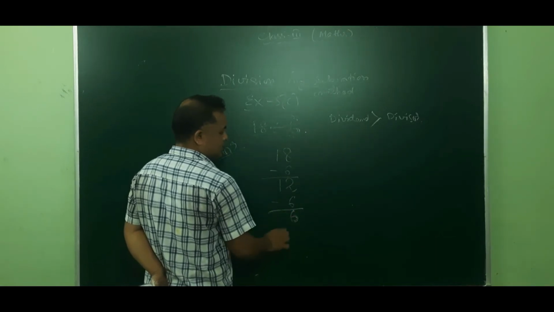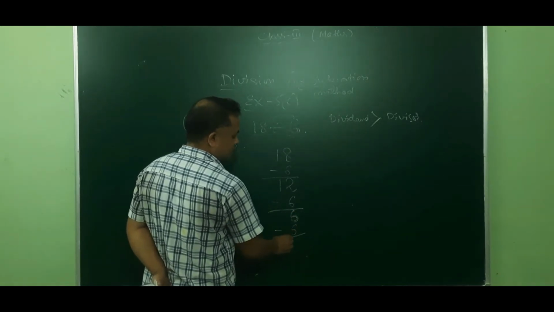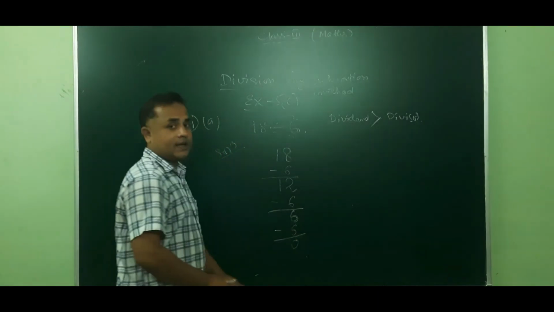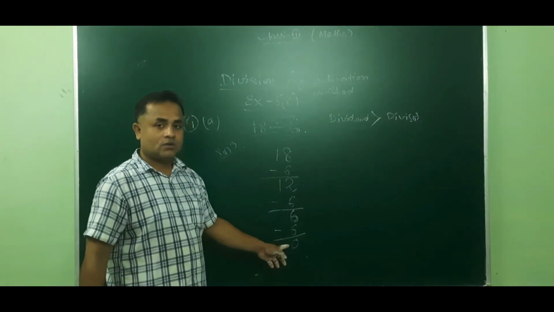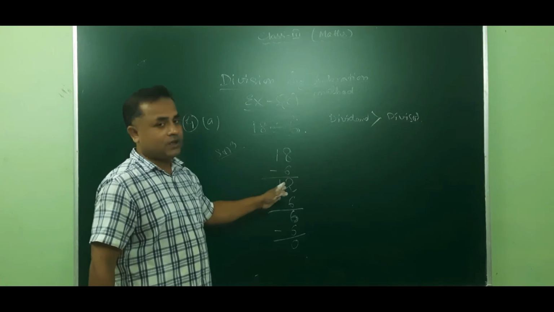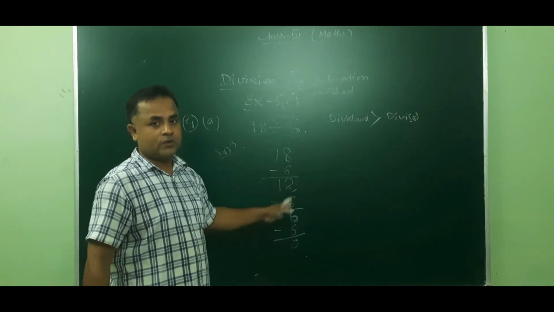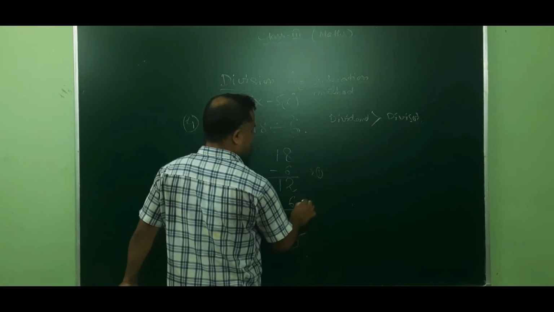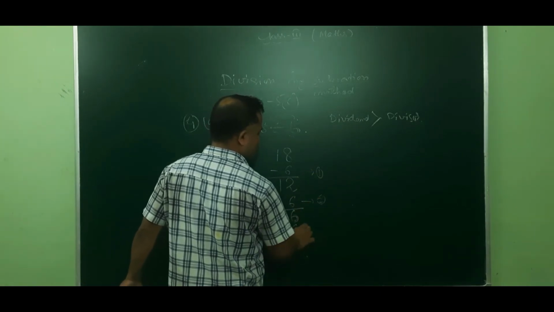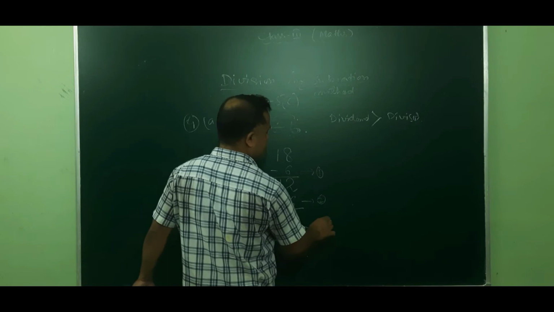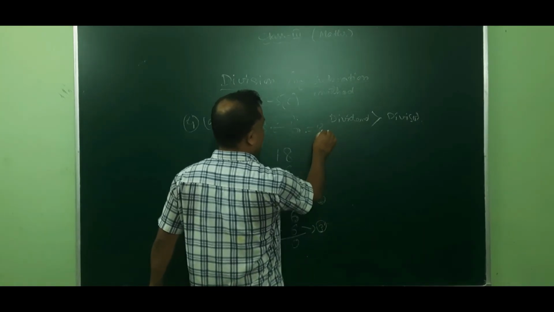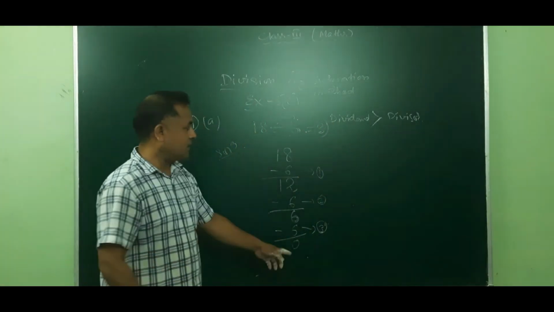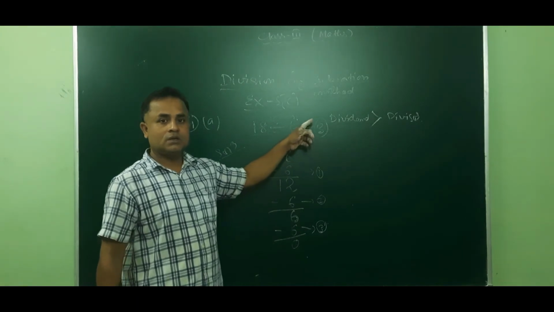So we get 6. Again to this 6, we subtract 6, until we get 0. So we get 0 here. After how many steps do we get 0? Step 1, step 2, step 3. After going 3 steps we are getting 0. So the answer will be 3.